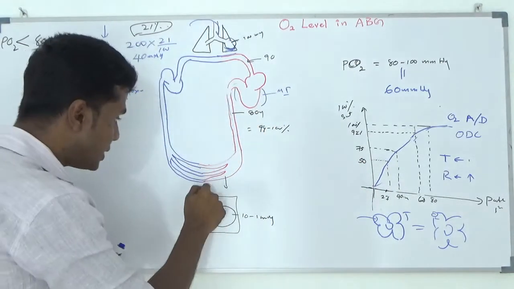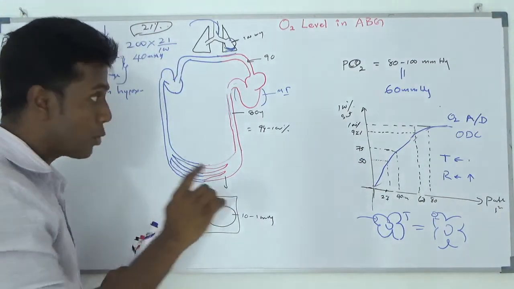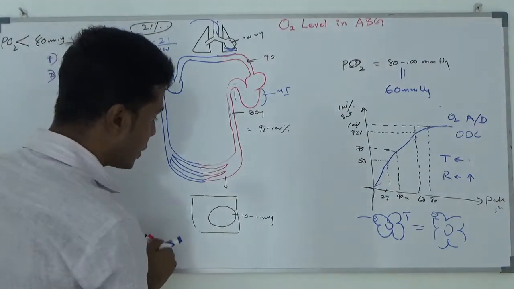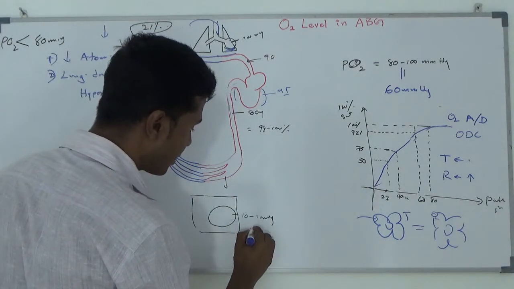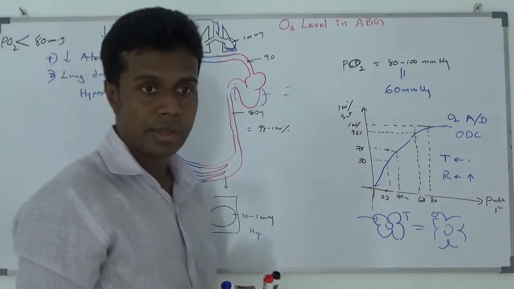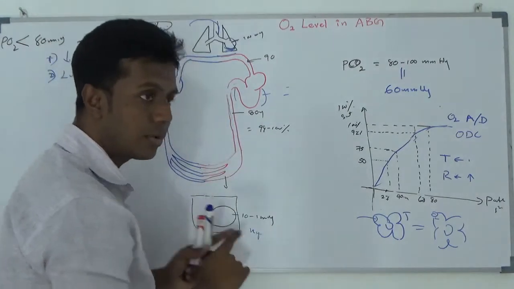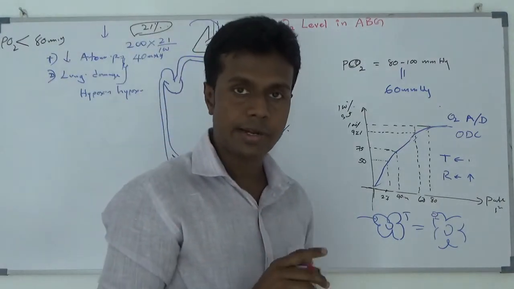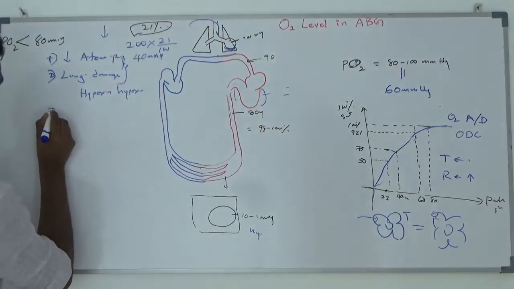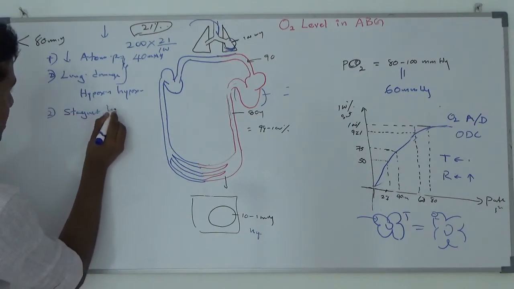Because you are now receiving a lesser amount of oxygen due to less cardiac output, your tissue may have hypoxia. This kind of hypoxia is mainly due to stagnation of the blood due to low cardiac output. We are going to call it number 2, stagnant hypoxia.